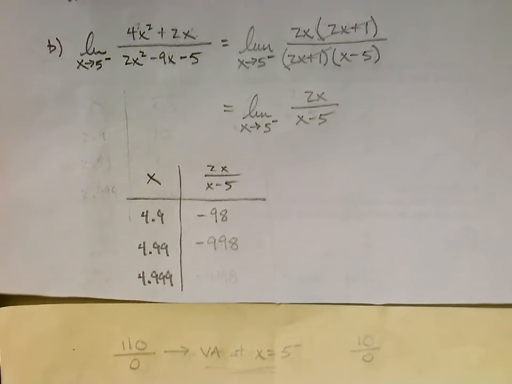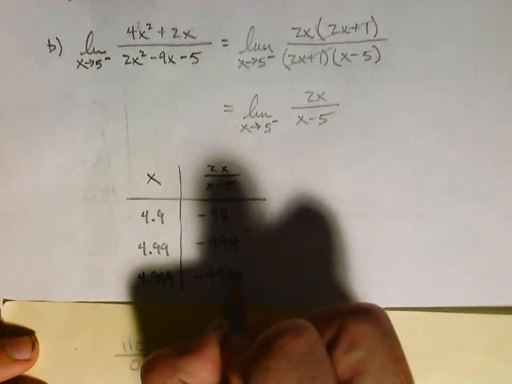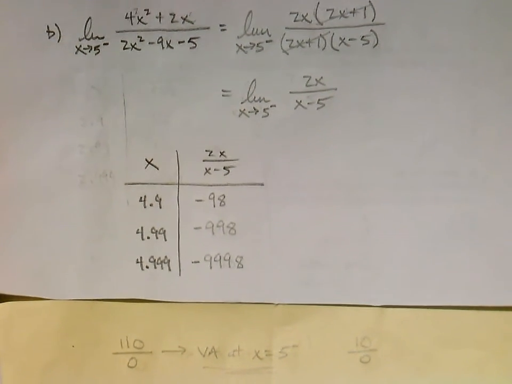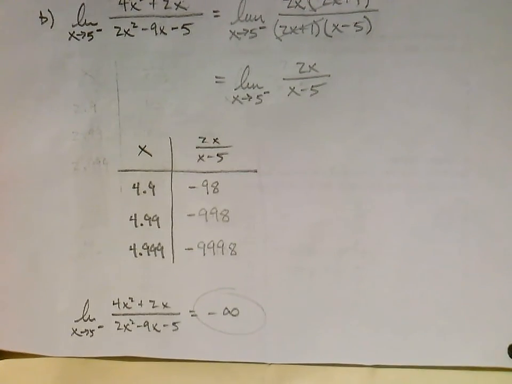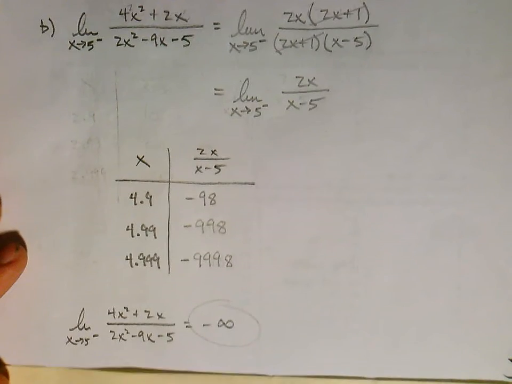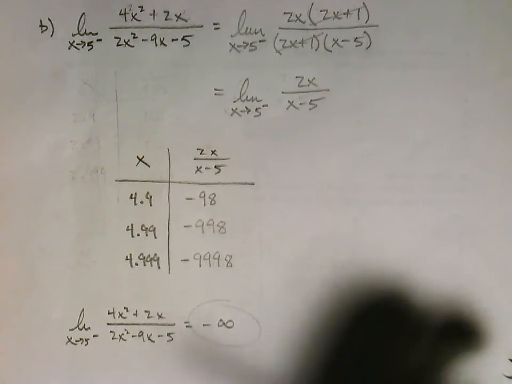Negative 998. Let's do one more just to be absolutely sure it doesn't end up turning back around, and you'll get negative 9,998 with 4.999. All right, and with that, we can say with very little doubt that that limit is going to negative infinity using the table. Okay, awesome.